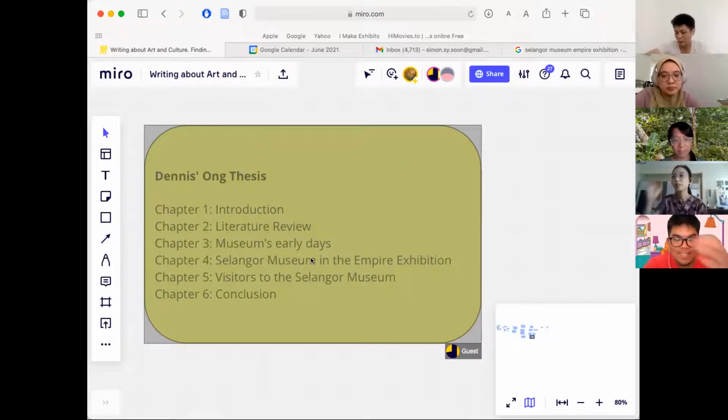It might be useful to also describe all of these different people involved as part of your thesis statement, to foreground the Selangor Museum within, I don't know, being the state museum or something like that.